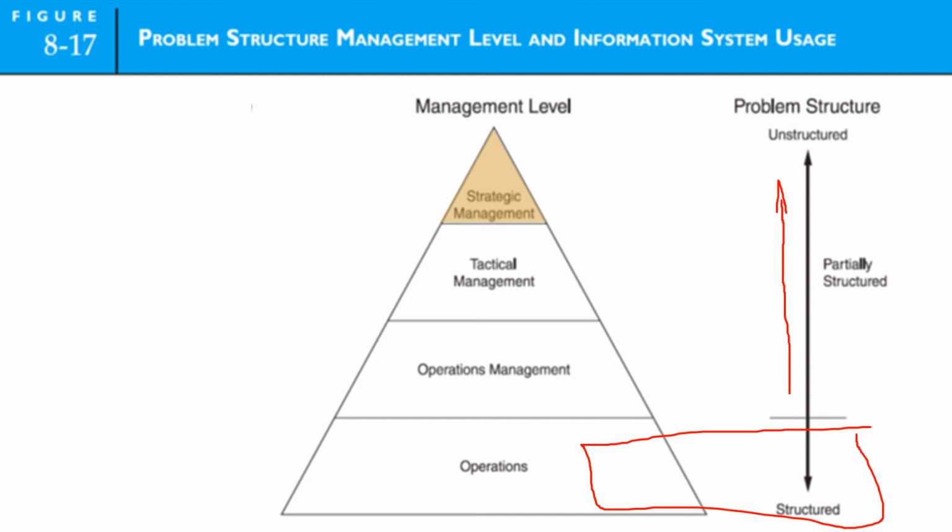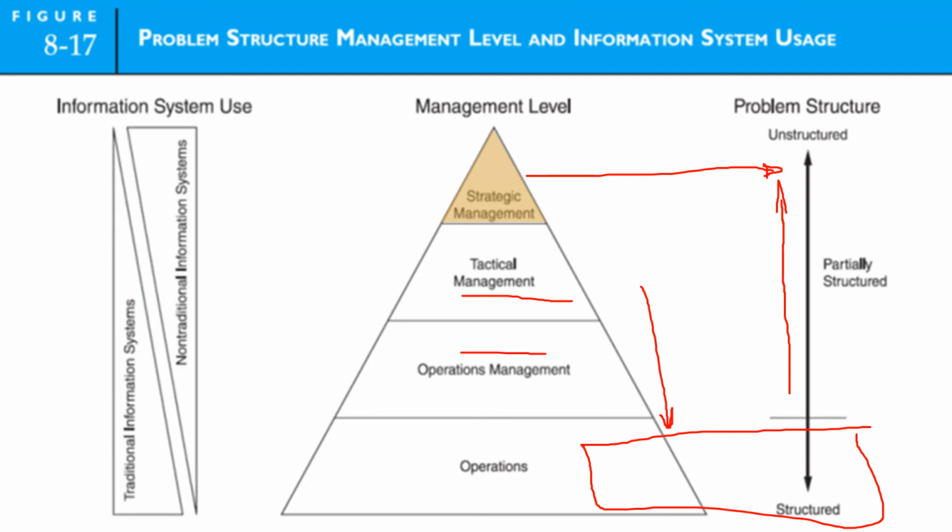So we can say that strategic management, the top management, is handling the unstructured, complex problems, whereas the operational and tactical managers are more involved in structured problems.